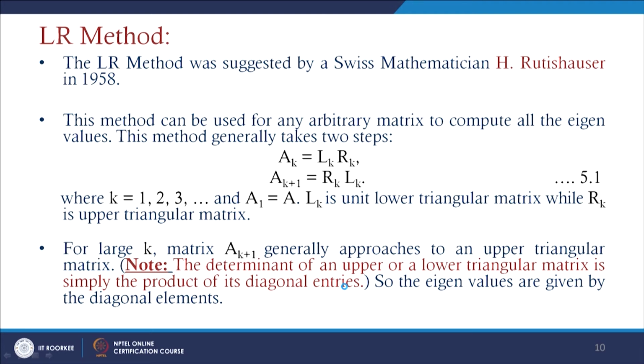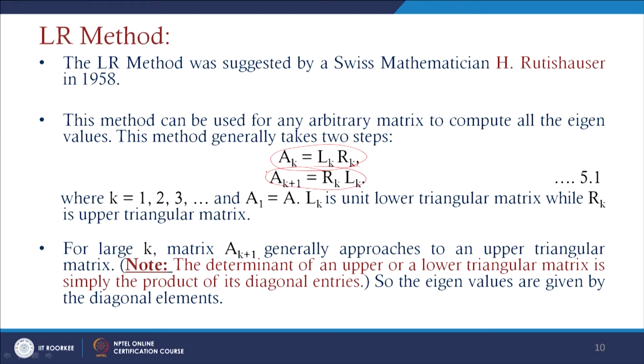The LR method was first suggested by a Swiss mathematician H. Rutishauser in 1958, and this method can be used for any arbitrary matrix to compute all the eigenvalues. This method generally takes two steps. In the first step we write Ak equals Lk Rk, and in the second step we write Ak plus 1 equals Rk Lk.